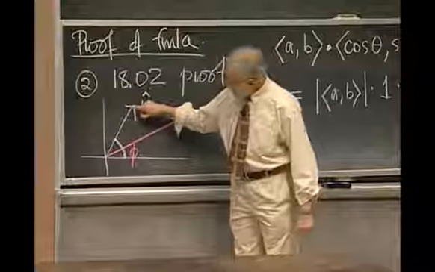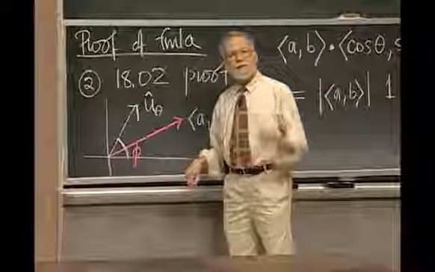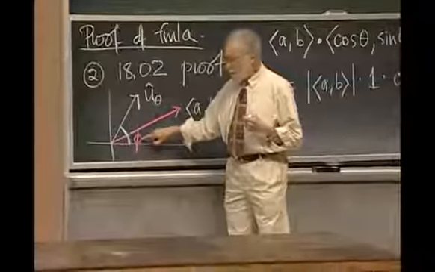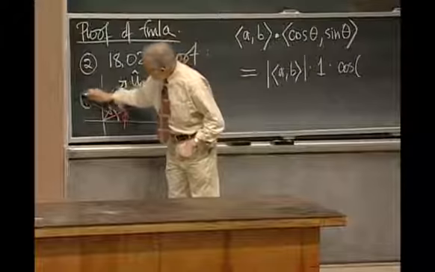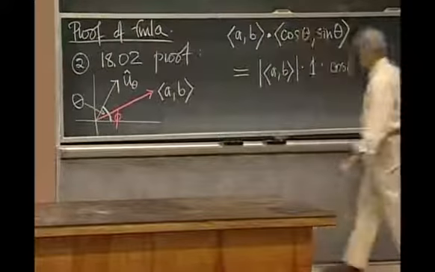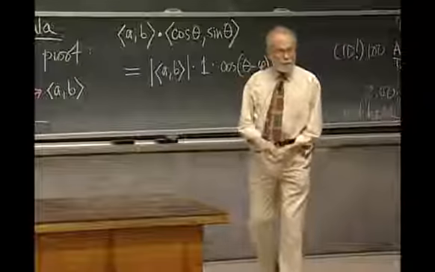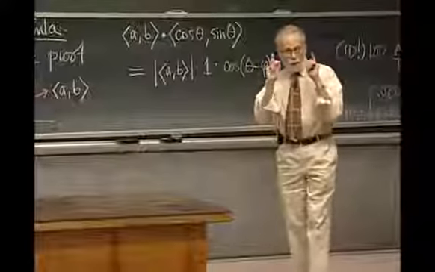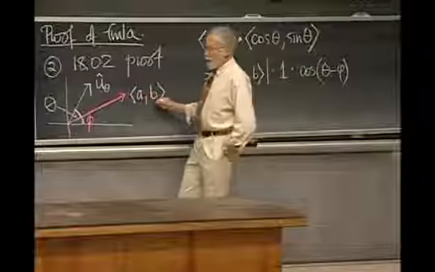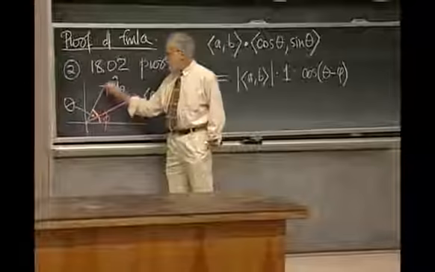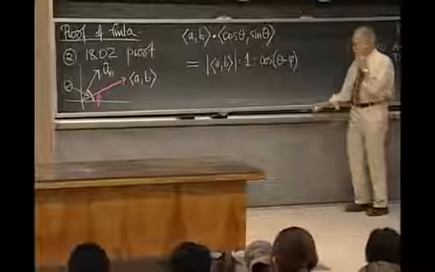And therefore, the included angle between u theta and my pink vector is theta minus phi. That's the formula. It comes from 2 ways of calculating the scalar product of the vector whose coefficients are A and B, and the unit vector whose components are cosine theta and sine theta.